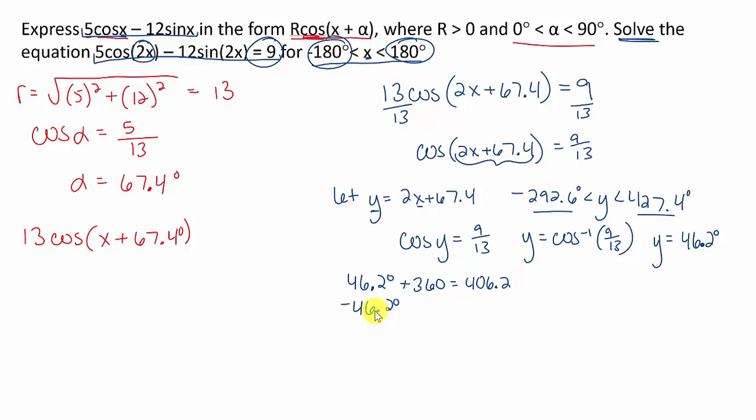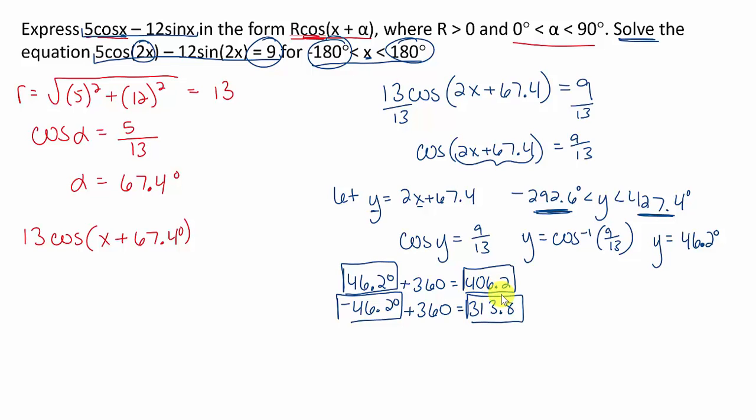Okay, again, subtracting 360 from negative 46.2 doesn't help, but I can add 360 to it. And when I add 360, I get 313.8. So right now I have 46.2, and I have 406.2. I have negative 46.2, and I have 313.8. And all of those are between these two numbers. And these are all y values.